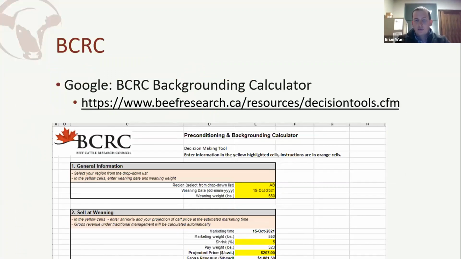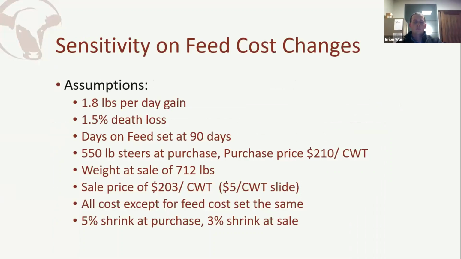So it is important that you see how that worked, and I wanted to spend a little time on it because I used that calculator to do some analysis here, really looking at this feed cost. Quickly, I just made some assumptions. I said these cattle are going to gain 1.8 pounds a day. I was a little pessimistic. I said they're going to have a 1.5% death loss, and I'm going to feed them for 90 days.